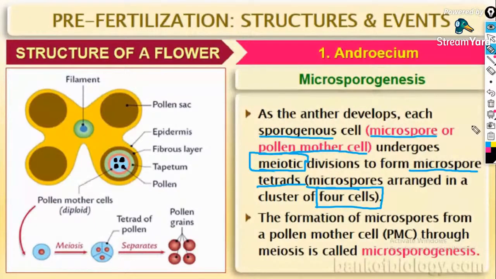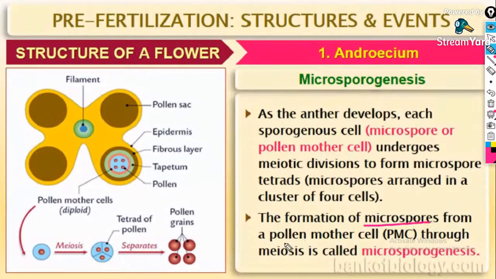So what do you simply call this process? The formation of microspores from a pollen mother cell through the process of meiosis is called microsporogenesis. Very important for your state and CBSE boards.